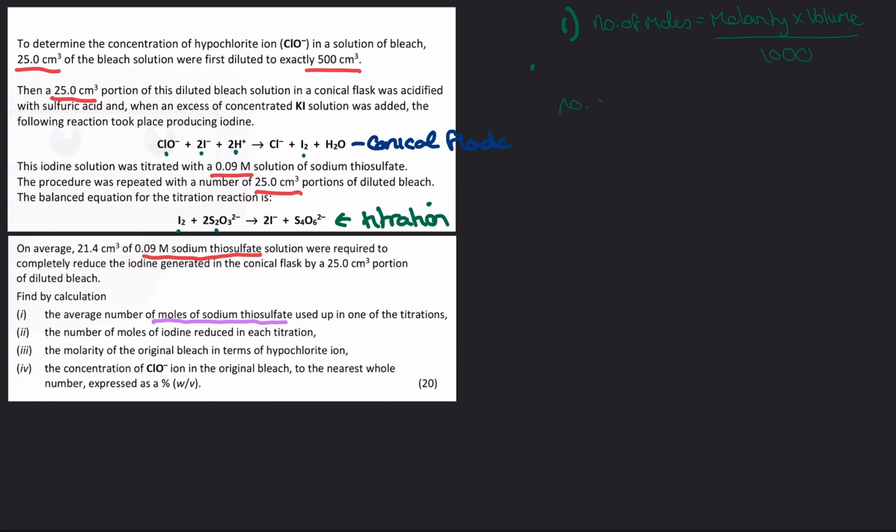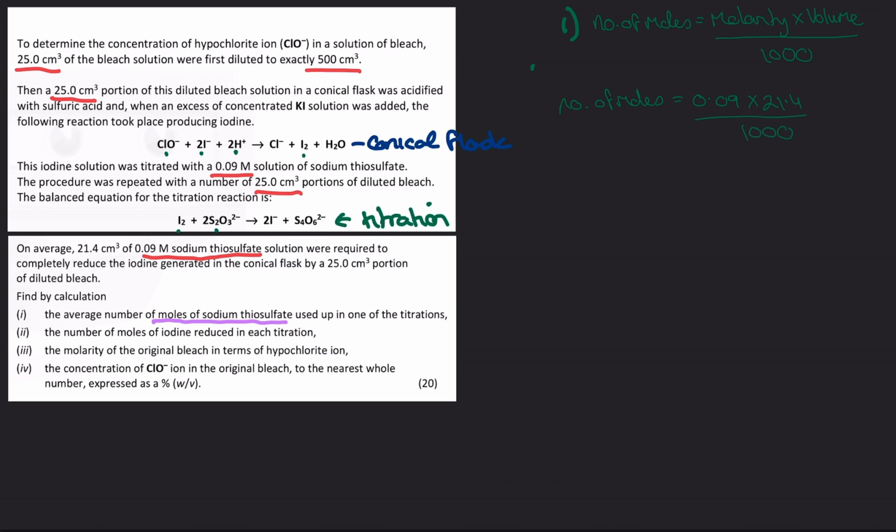So the number of moles equals, the molarity there is 0.09, and we have a volume of 21.4 over 1000.